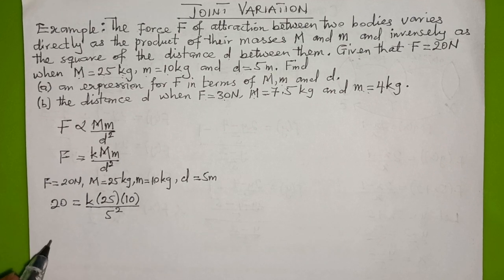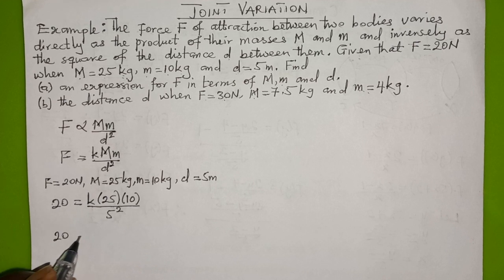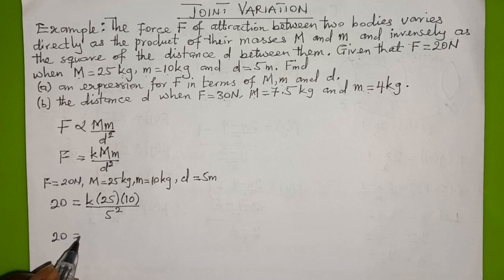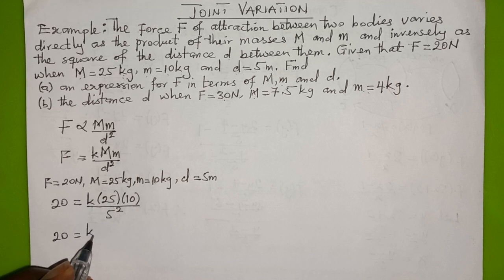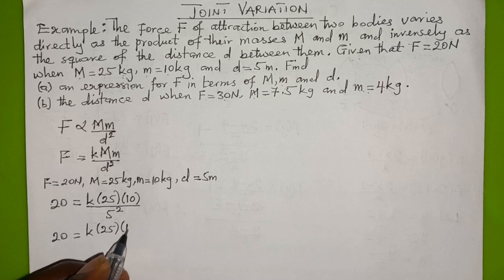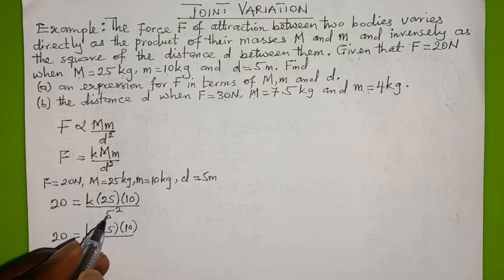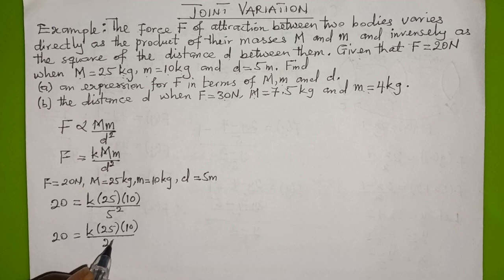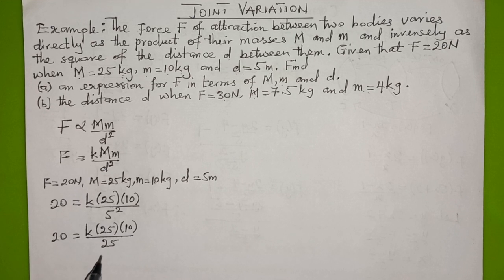Okay, so this will become 20 equals K times 25 times 10 over 5 squared, which is 25. So we can boldly say that this 25 will cancel this 25.